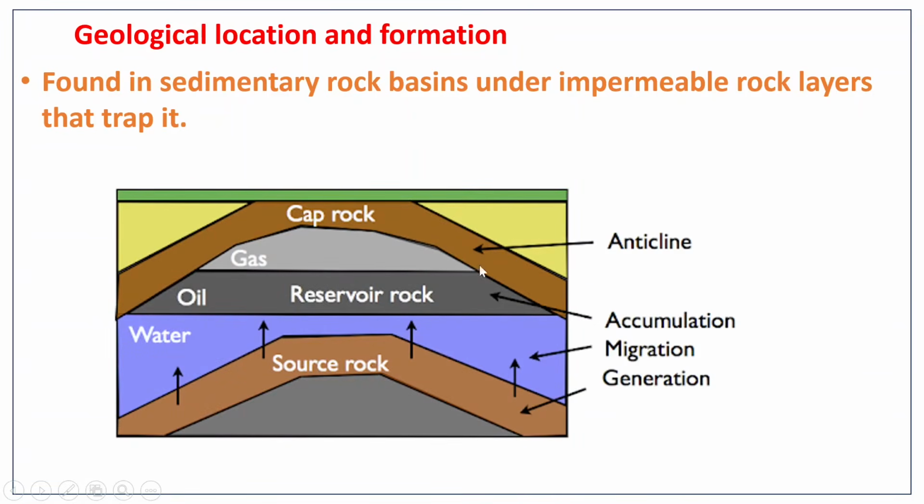This upper part is called an anticline, and under the anticline we have a reservoir rock containing oil. Here you can have gas, and here you can have water. So this is how it is found, trapped. You can have gas, oil, and water. That's where crude oil is found, under the ground.